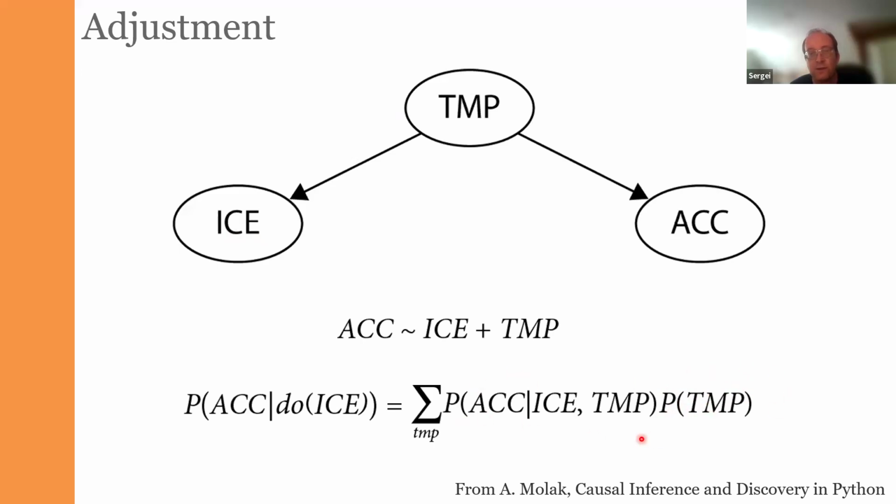This is called the adjustment formula, and it basically tells you that if all the elements of our causal puzzle are observed, we would be able to discover the true causal relationship. That actually allows us to formulate a policy.